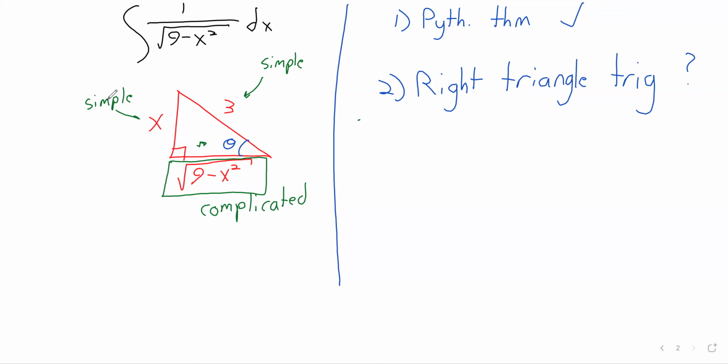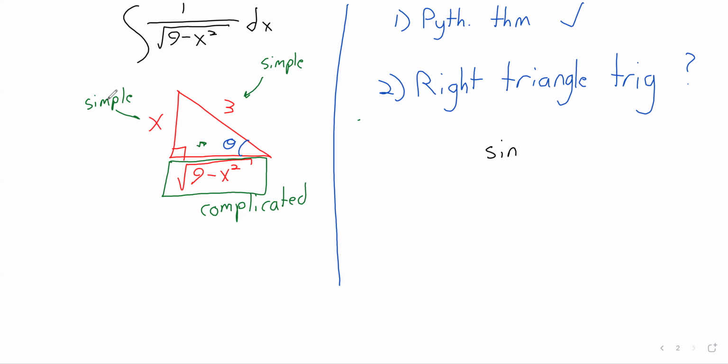And what we would like to do is to use the simple sides of the right triangle instead of the complicated side of the right triangle. So we make a statement that relates the two simple sides of the right triangle.